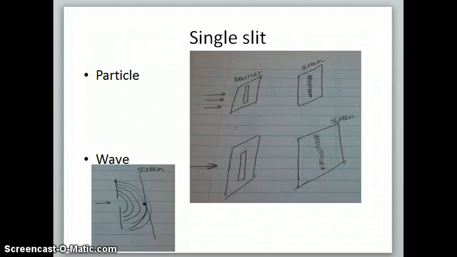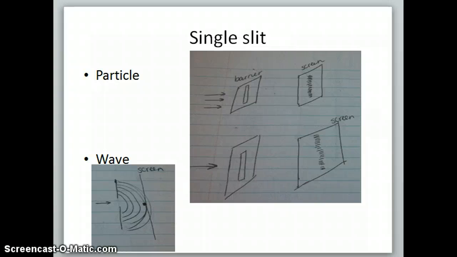If you send particles through a barrier that has a single slit, what you would expect is for the particles to form on the screen behind it the same way as the slit is here. It's like sending bullets or marbles through this barrier that has a single slit and seeing what comes out on the other side.